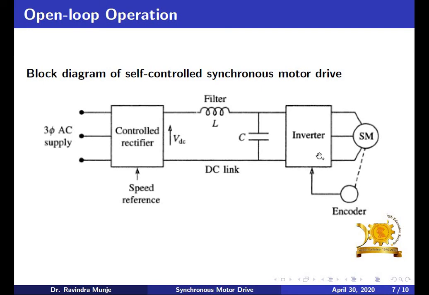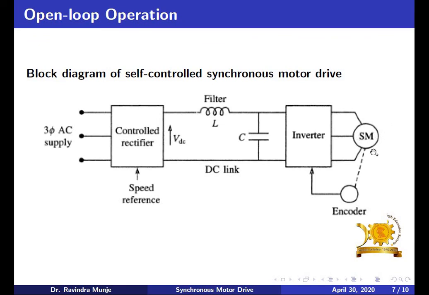Suppose the load on the motor is increased. What will happen? The rotor slows down. If the load on the motor is increased, the rotor slows down, then the stator supply frequency changes automatically so that the rotor remains synchronized with the rotating magnetic field.